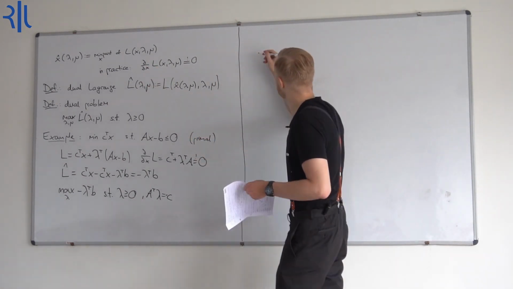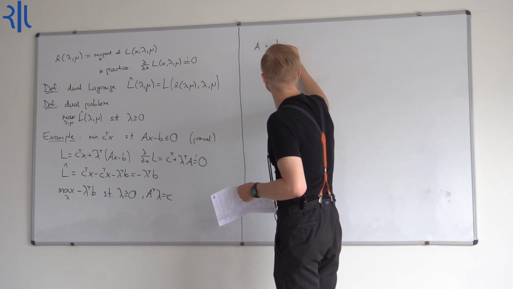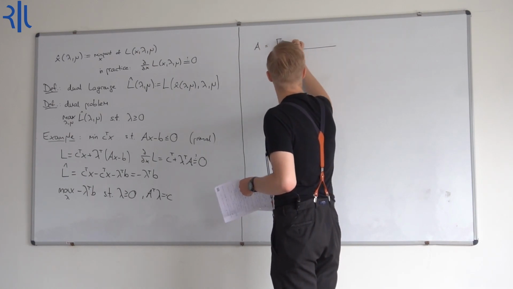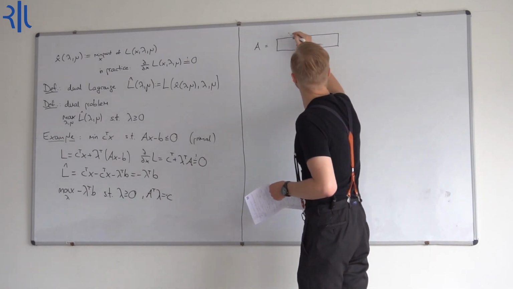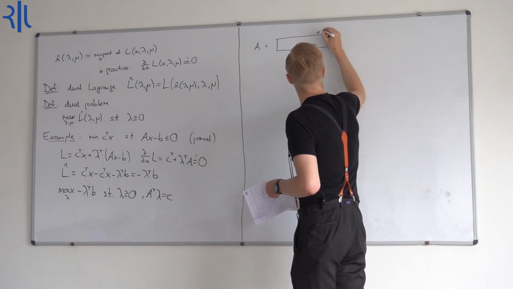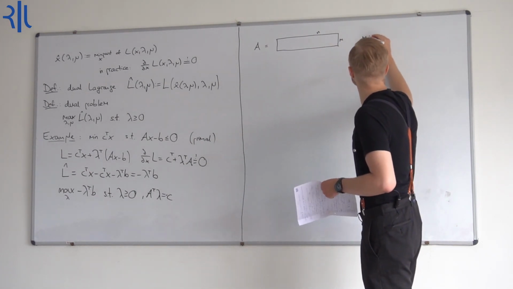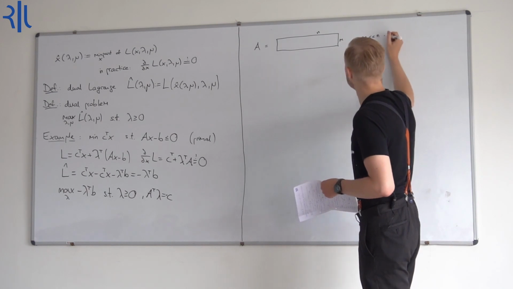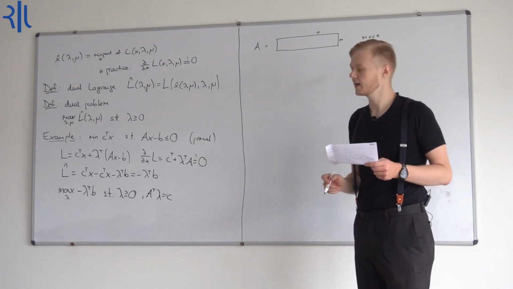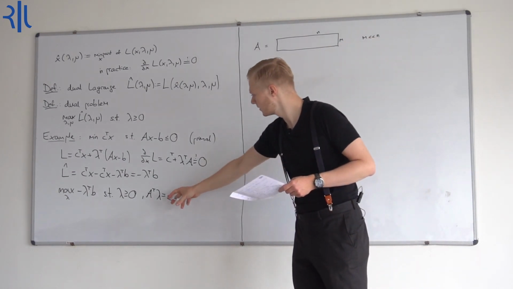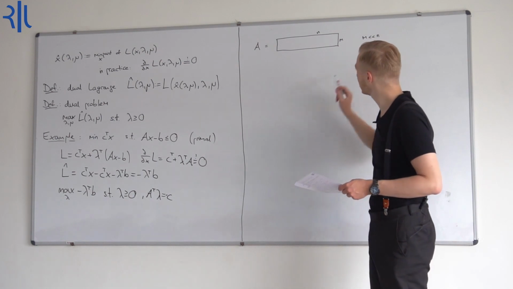So if our A is looking like this, where we have n columns and m rows, and m is way smaller than n, we have a lot of variables here, many variables, and we can transform that here into a problem that now only has m variables.